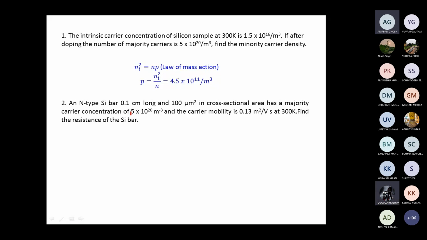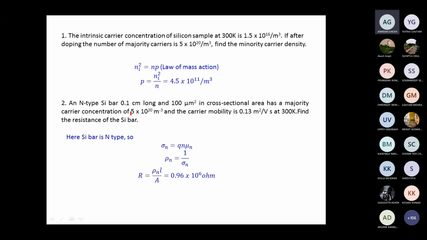Rho is equal to 1 by sigma, we can apply. Fine. Sigma is equal to q n mu, already you know. Am I audible? Yes, sir.